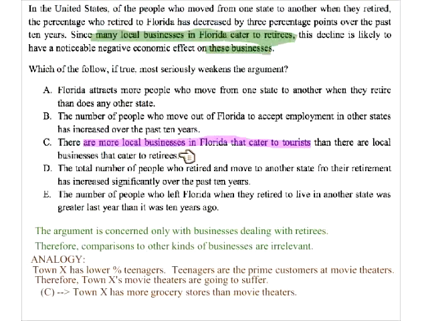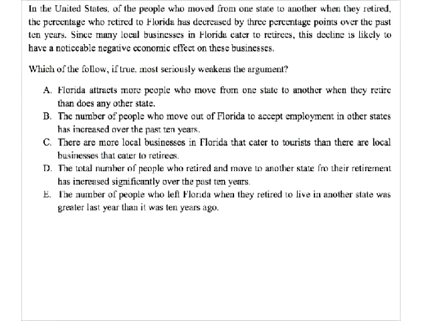Okay, let's see. There's still a whole text box full of stuff. Total number of people moved to another state. I'm not understanding everything that people are typing here. So here's the problem again, fresh screen.